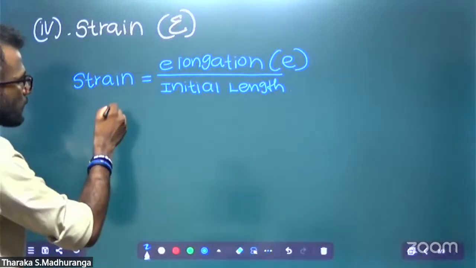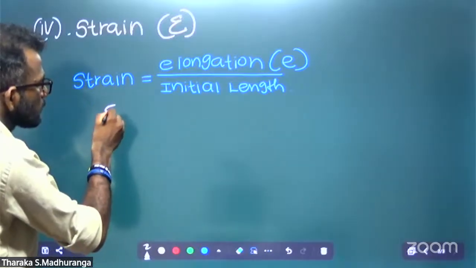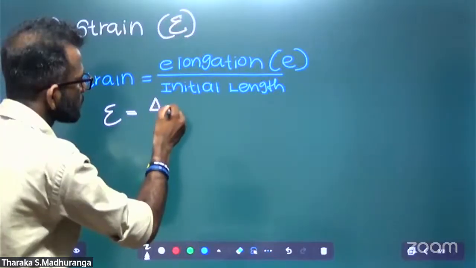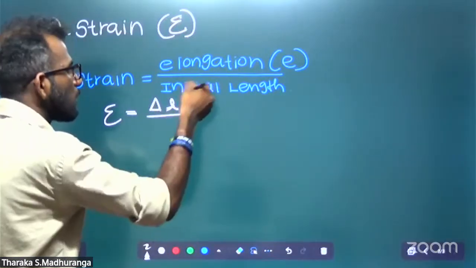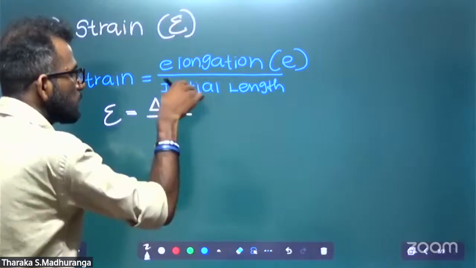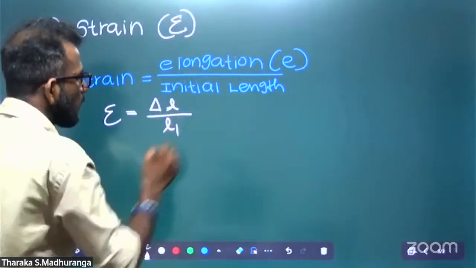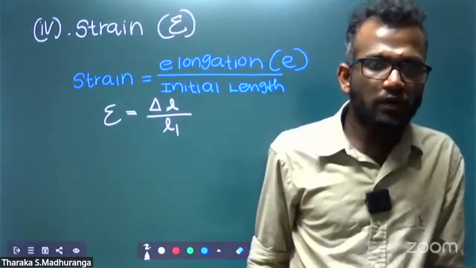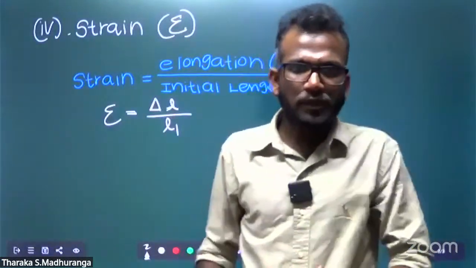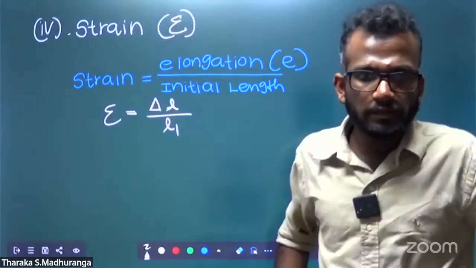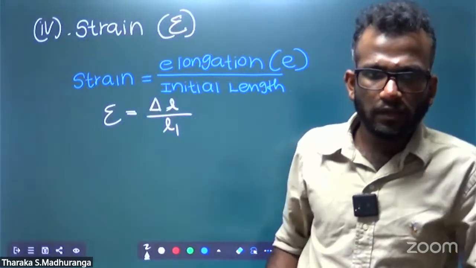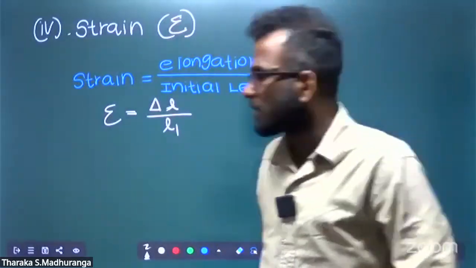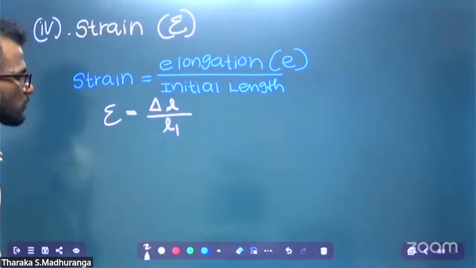Then we can say strain equals elongation, delta L or E, over initial length L1. This is the equation for strain: delta L over L1, or extension over L1, elongation over L1.